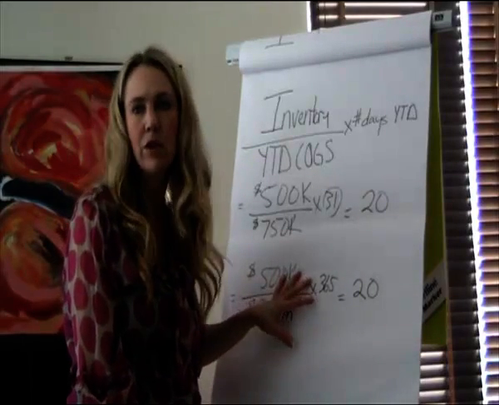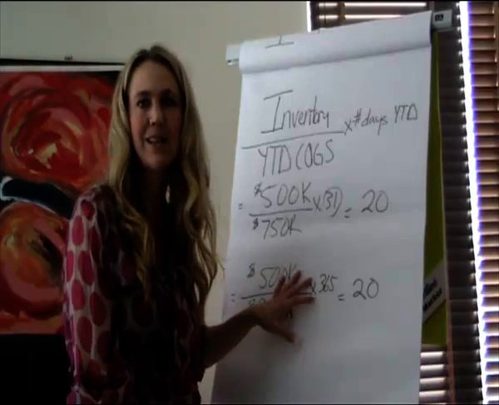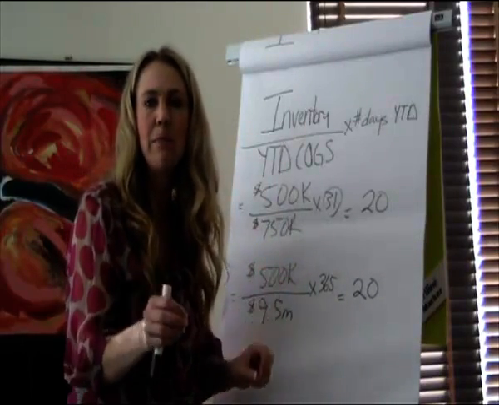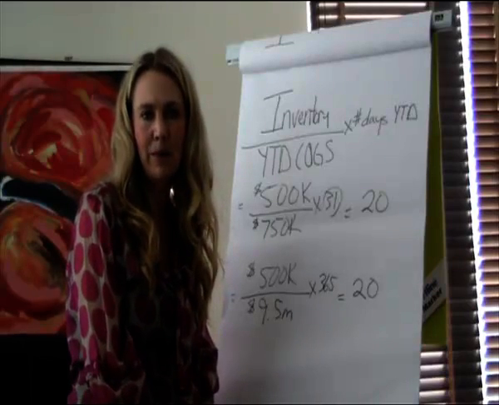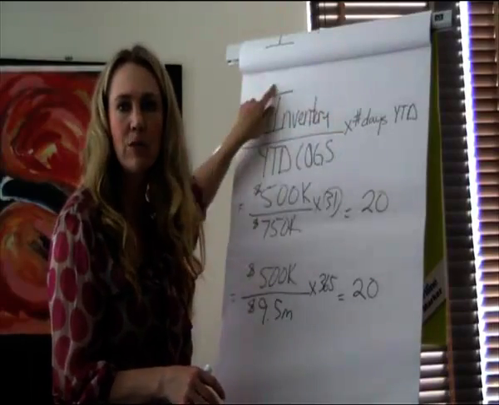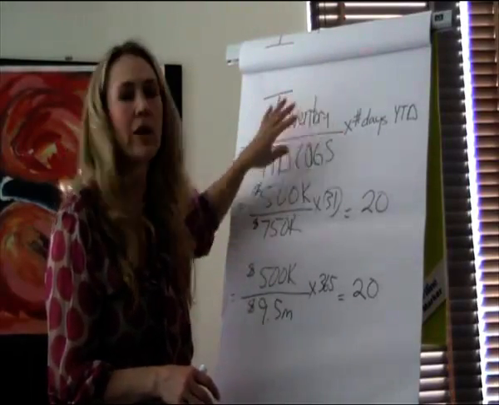Now, for those of you who are selling time or services, you can use the same basic calculation with one minor change to measure your days tied up in work in progress. That's the ratio. Simply substitute work in progress right here in the numerator of this equation for inventory.